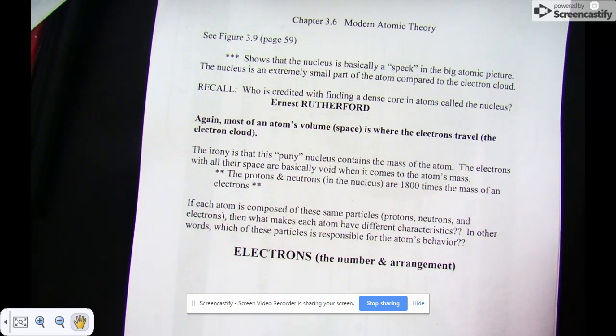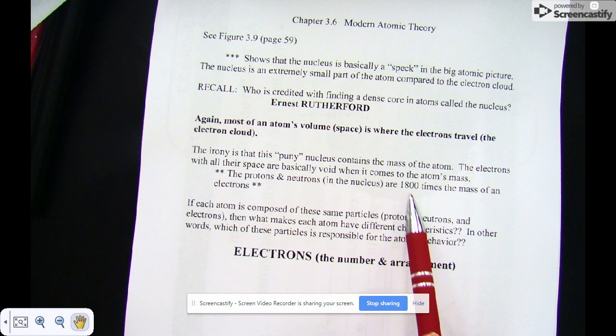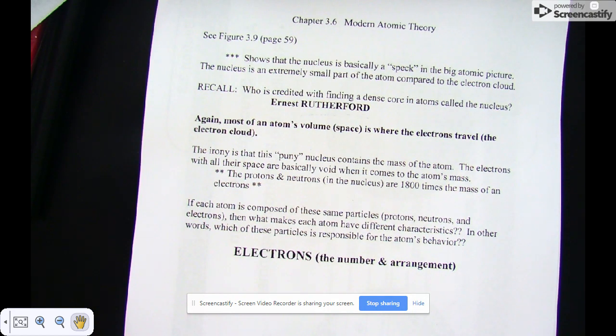So the nucleus is very small in relative space to where the electron cloud is. The irony being that little speck in the middle that takes up the least amount of space is the most massive. The nucleus is basically the entire mass of an atom. Electrons have a very negligible weight to them. The protons and neutrons are 1,800 times the mass of the electrons.